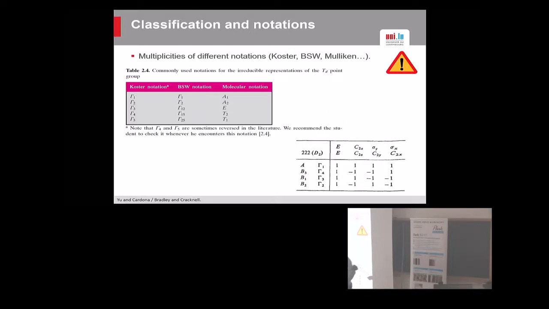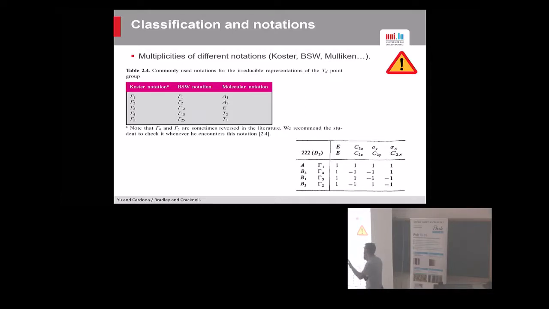And even within one notation, sometimes there are ambiguities in the way to order the EREPs. Typically the 4 and 5 can be swapped depending on the author. And since people rarely say where they take their reference from, sometimes it's really confusing. I took this from the famous Yu and Cardona textbook on semiconductors. They give just an example of that, and they even advise to really check this notation. So this is one thing.